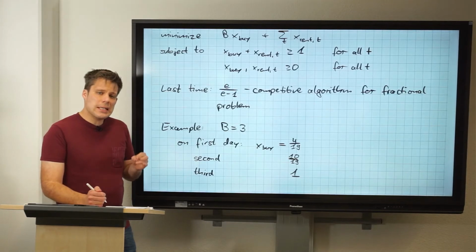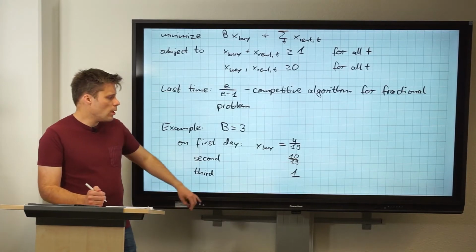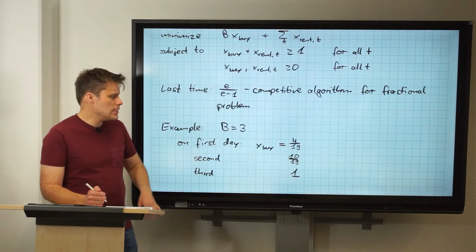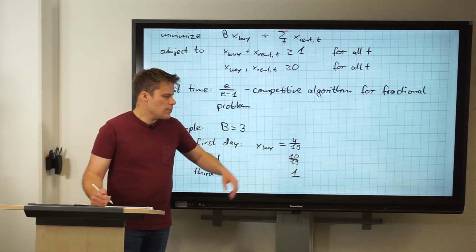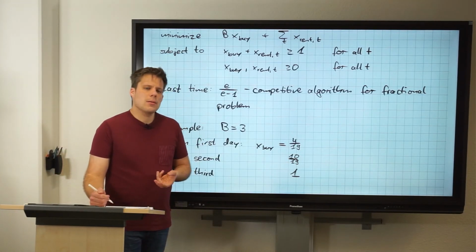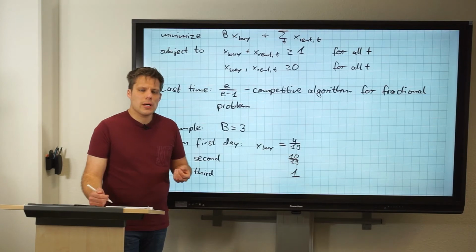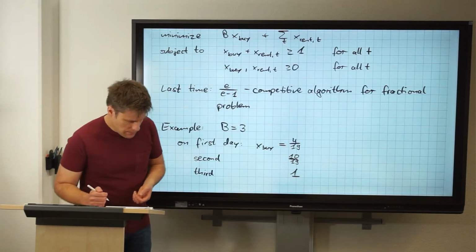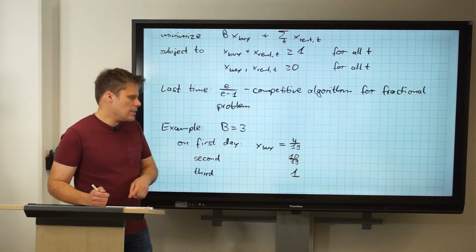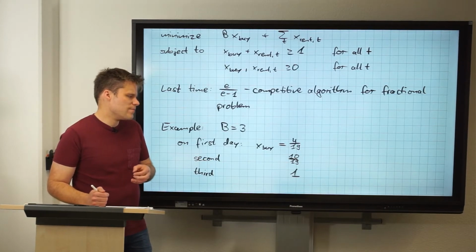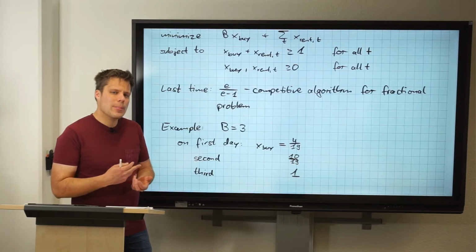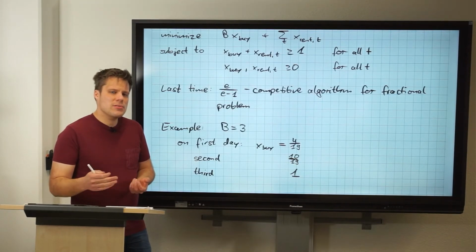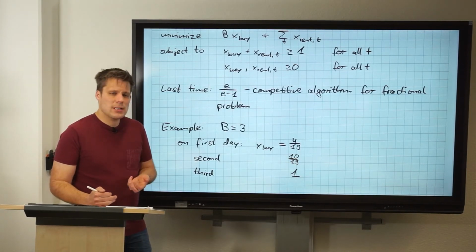Well, we want to interpret these as probabilities. So what we want to do is buy the skis on the first day with probability 4/19. Then we want to buy the skis on the next day with some probability, so that the overall probability that we buy the skis within the first 2 days is 10/19.